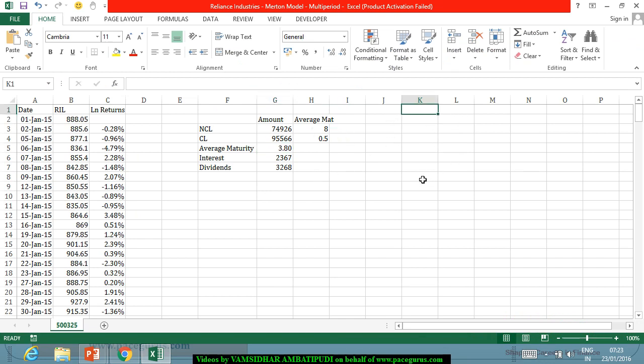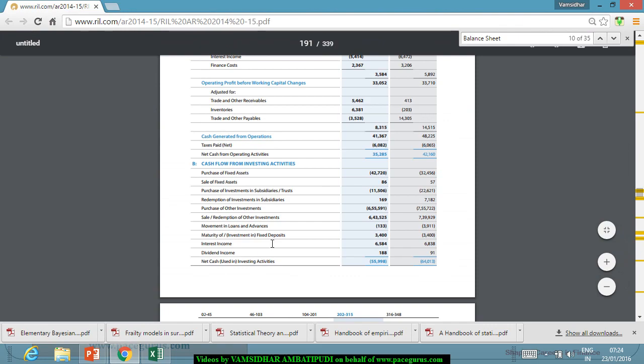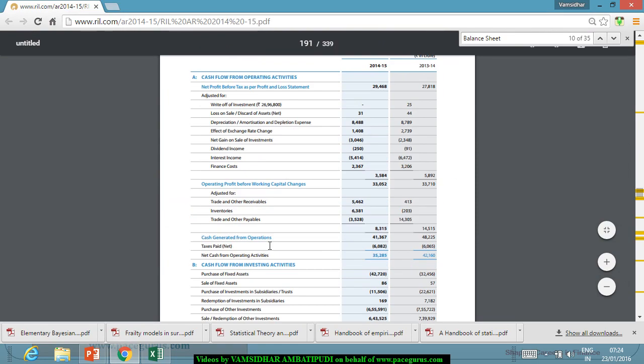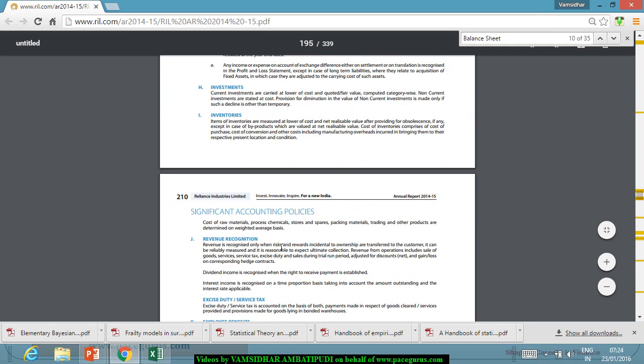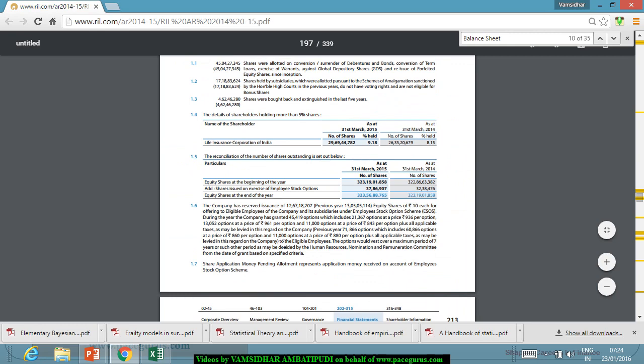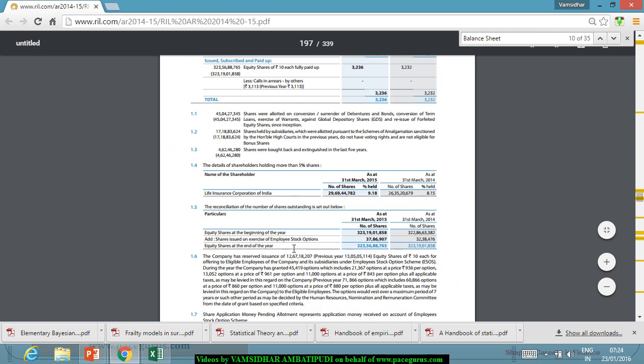Initially, to start with, we have the equity value. From the data I can take the number of shares. The number of shares, I think we have seen earlier.